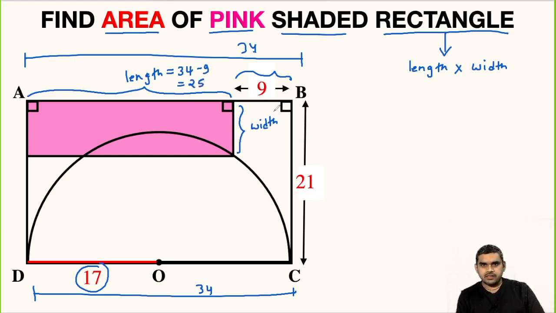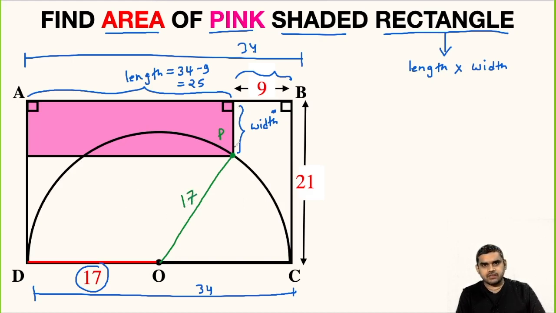Now we will try to find the width of the rectangle. For that, let us name this point as P and join P and O. So PO will be the radius of this semicircle, which is known to us, 17 units.